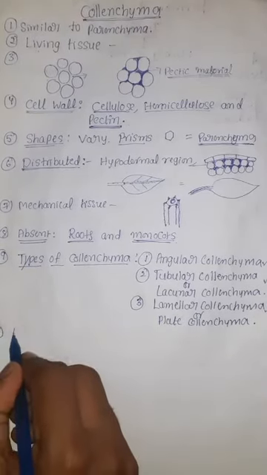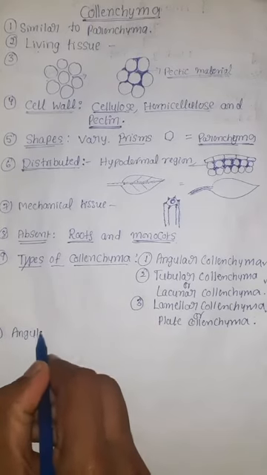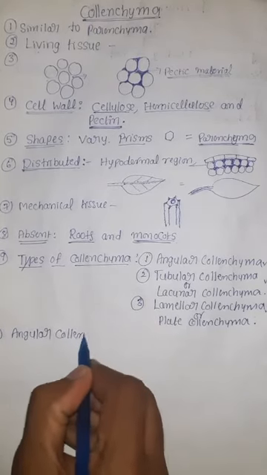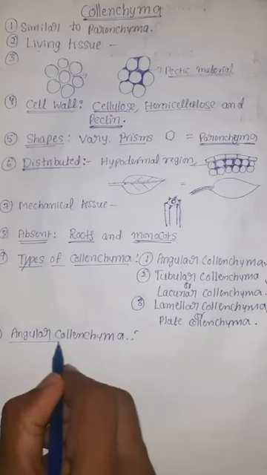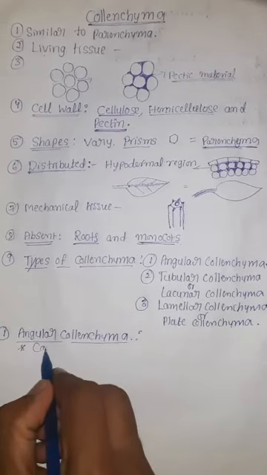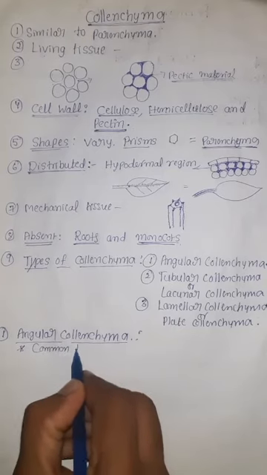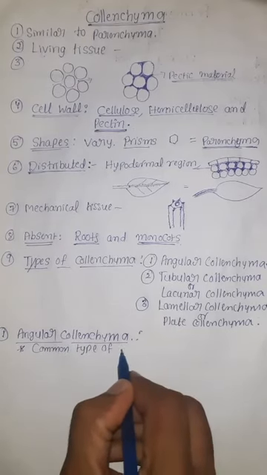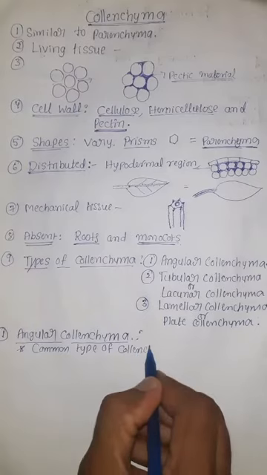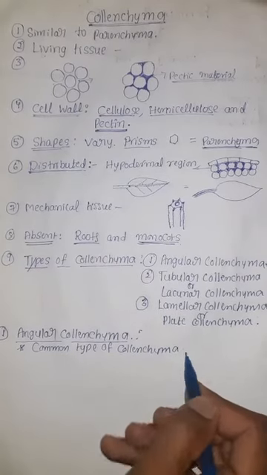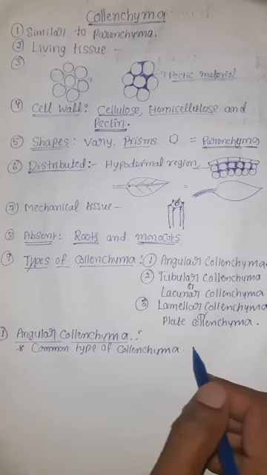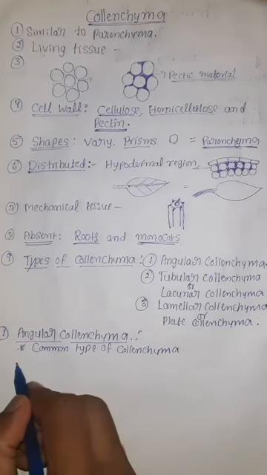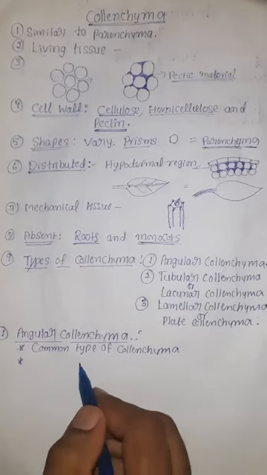First of all, angular collenchyma. It is the common type of collenchyma found in all plants generally.